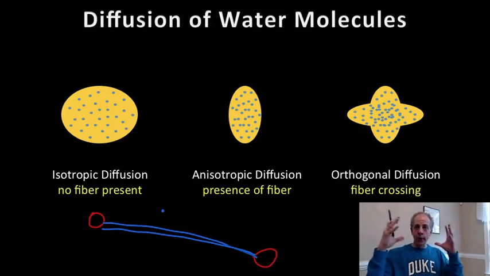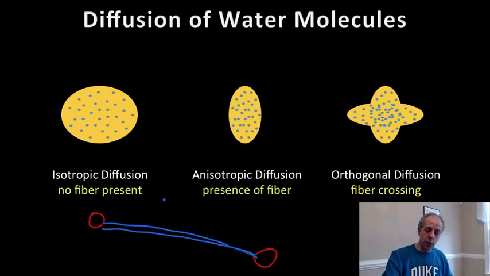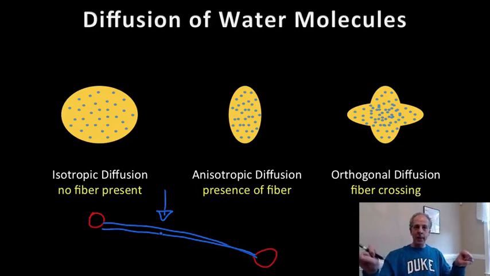Now, we have water, and what diffusion-weighted imaging is trying to measure is the water diffusion in the brain. Now, assume that I try to make water go through the bundle in this direction. Because the bundle is there, water will have a challenge to move in that direction.